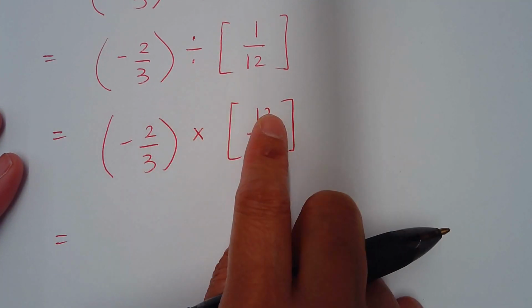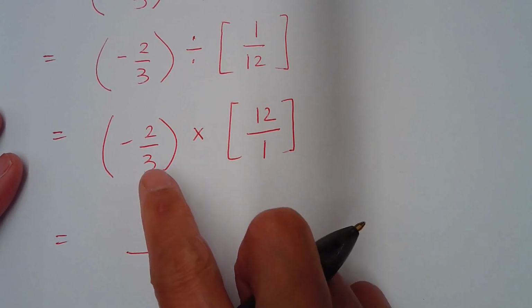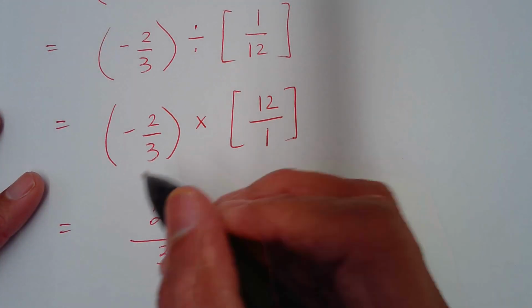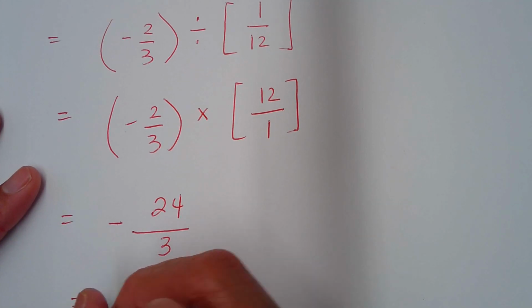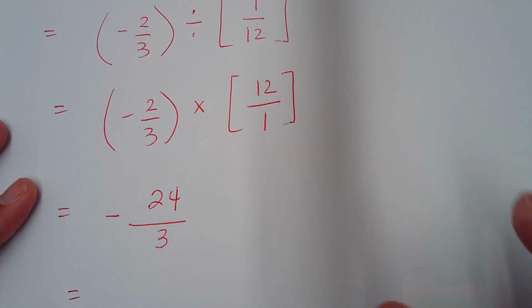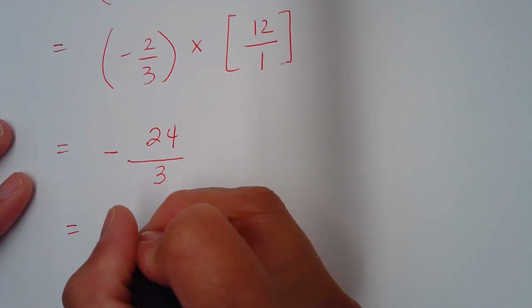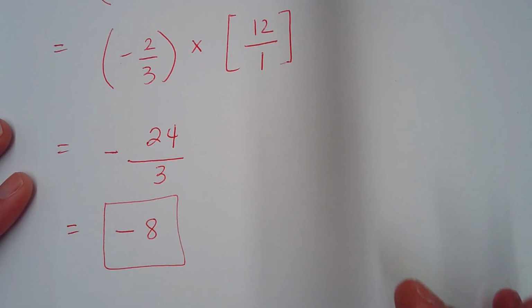Numerator times numerator, 24. Denominator times denominator, it's 3. And it's going to be a negative here because it's a negative times a positive. And 24 divided by 3 would be -8.